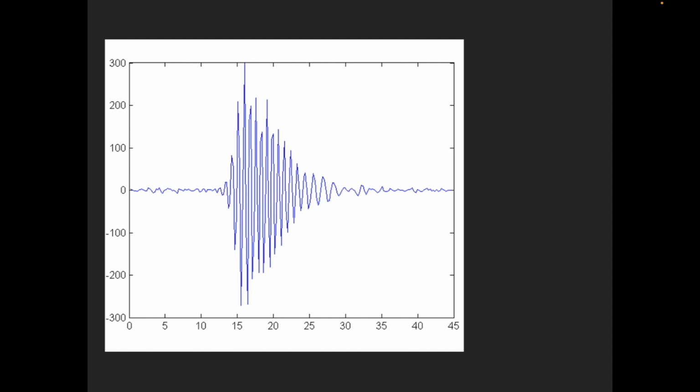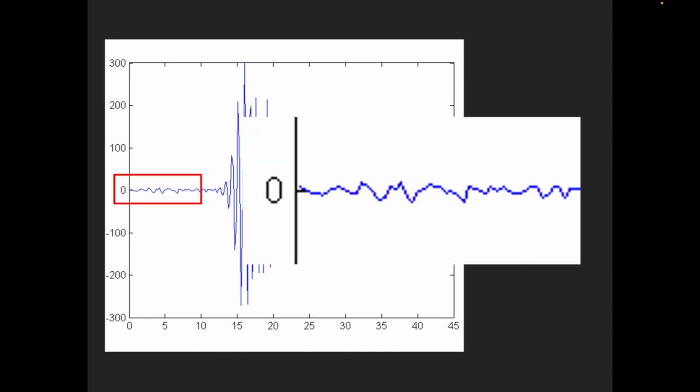But above all, we can clearly see that the embolus signal has a much larger intensity than the background signal. But the background signal is not only much weaker than the embolus signal, it is also pretty irregular.